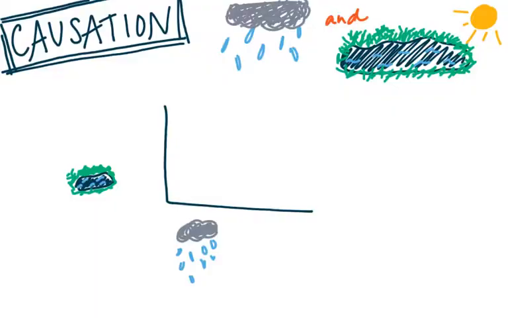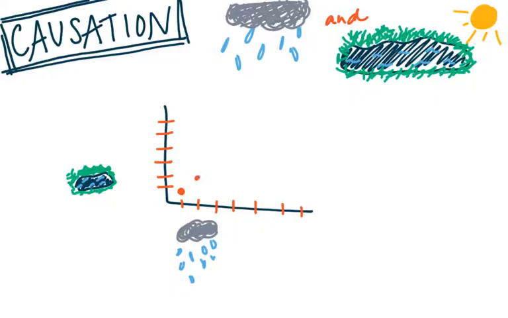If we are looking at rain and the water level in a lake. So this is my very pretty lake, don't judge me. So the rain here and the water level in the lake. What happens is that the more rain that we get, the more the lake water level fills up. If we don't have a lot of rain, the water level in the lake is not very much.